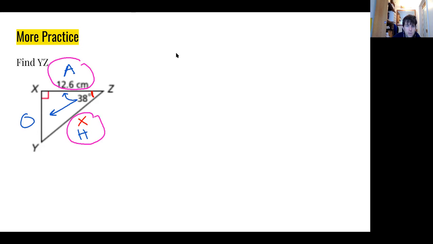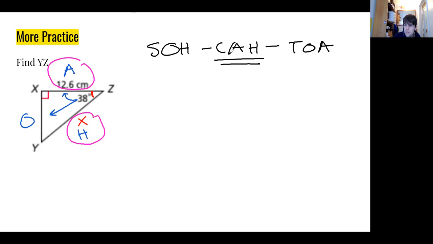So using our little SOHCAHTOA, you may already know what it is. We're looking for the trig ratio and trig function that uses adjacent and hypotenuse. So we're using cosine. Cosine is adjacent over hypotenuse.